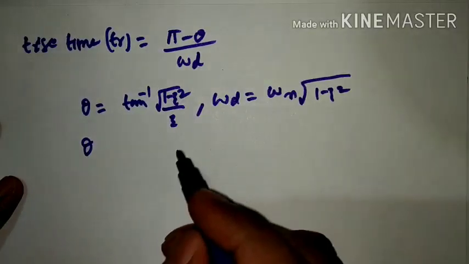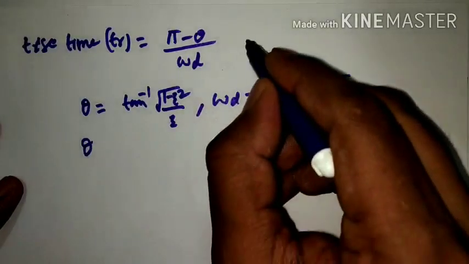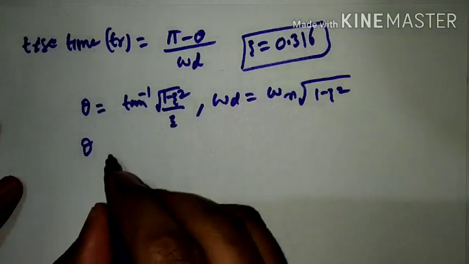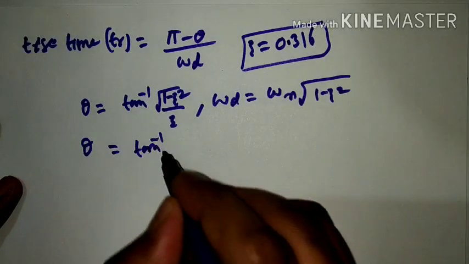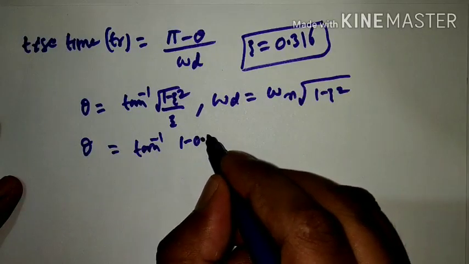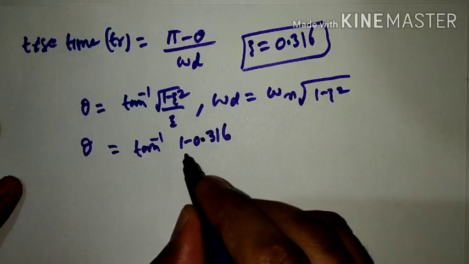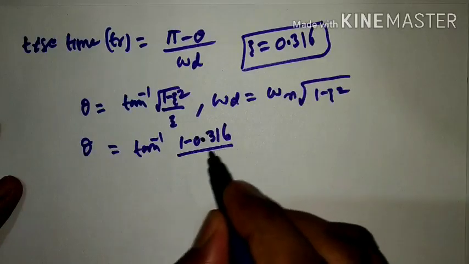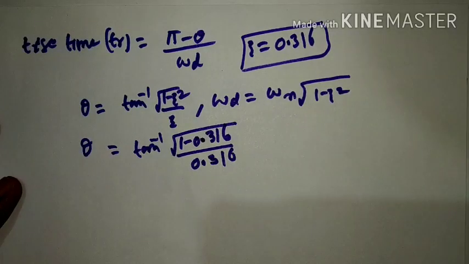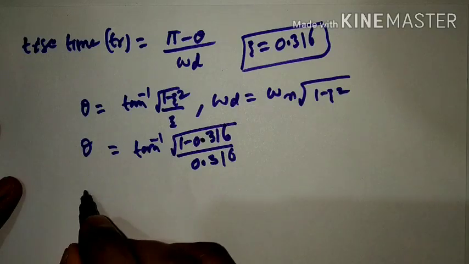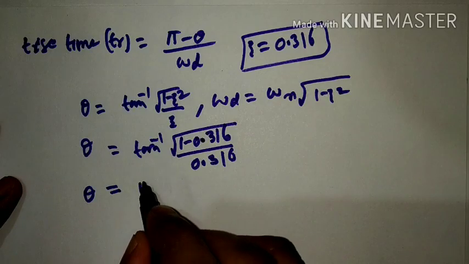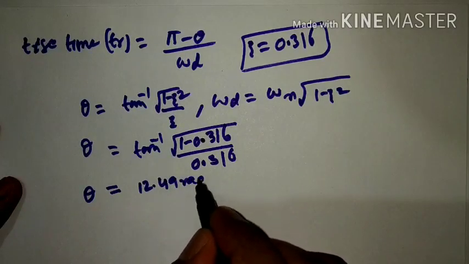So if we substitute the zeta value, 0.316, in this equation, tan inverse of root 1 minus 0.316 square by 0.316, you will get the theta value as 1.249 radians.